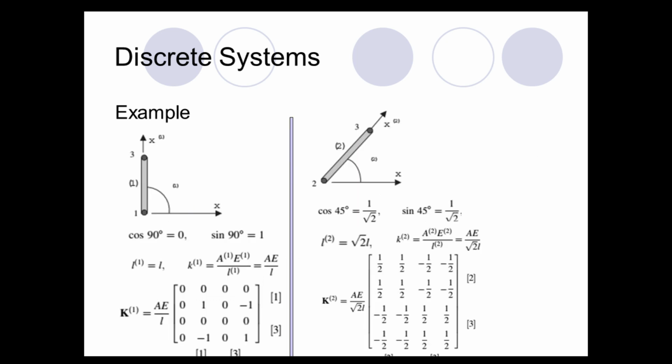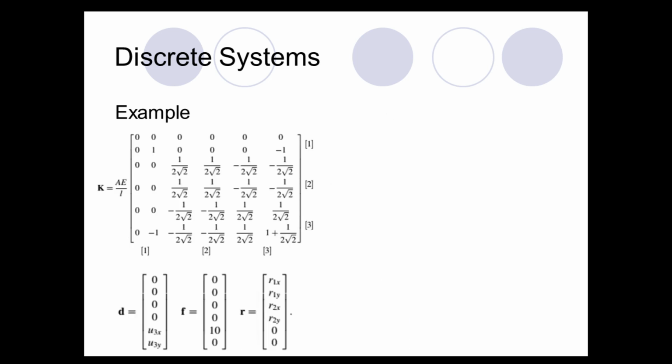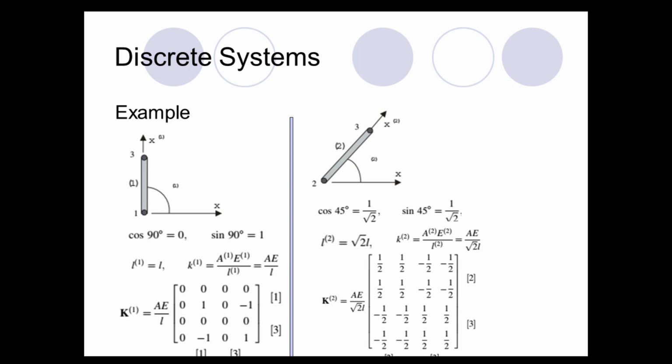And as a result, we obtain this matrix. Okay, so now we have the element stiffness matrices. Identically, we will sum up the values in each row and column.